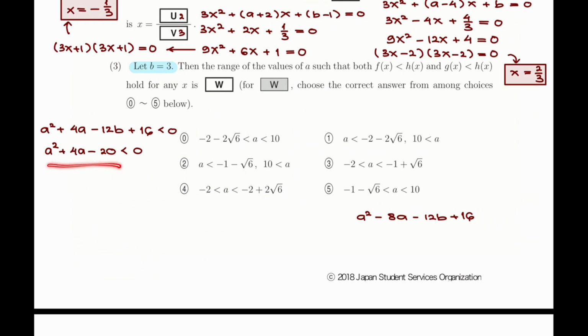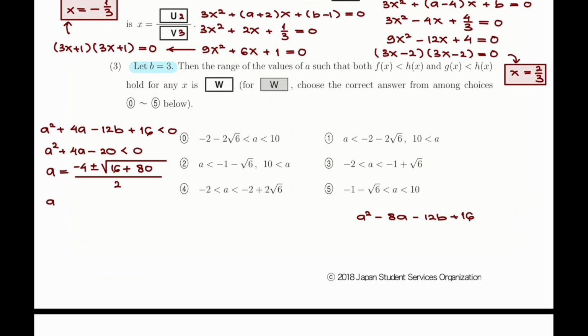I think, can we factorize it? No, I think we cannot factorize it, so I need to use the quadratic formula to find the critical value or the value of A. If I use the quadratic formula, A equals negative 4 plus minus the square root of B squared minus 4 times A times C, plus 80, over 2.